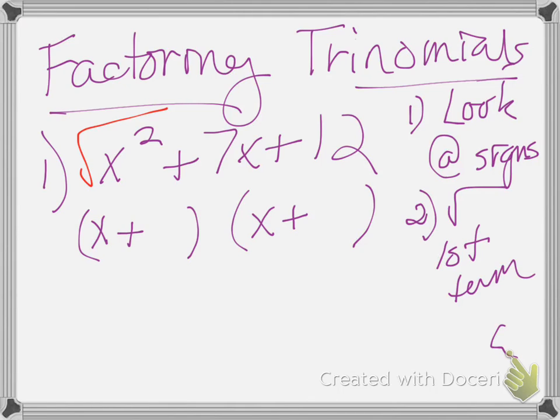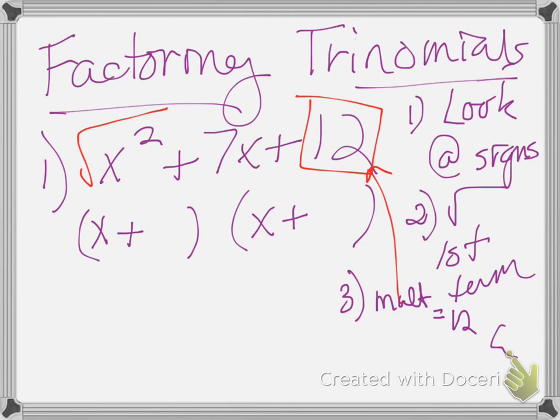All right, so now the last thing we're going to do is look at this right here, this 12. What we're going to do here is figure out what multiplies to equal 12 but adds to equal 7, pardon me, not 12.